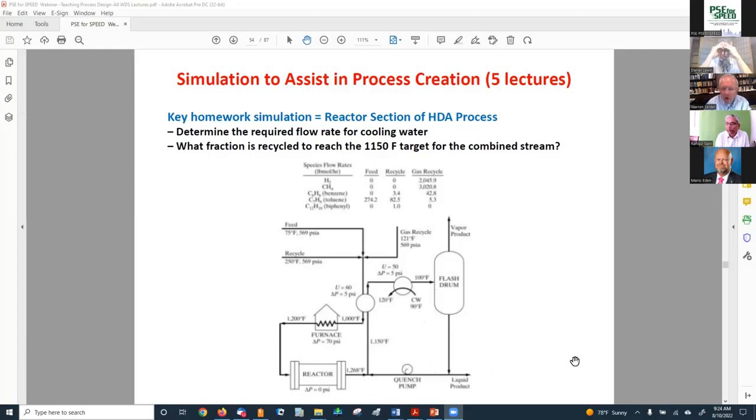This liquid goes to the liquid separation system, the distillation columns. Over here, you send back just the right amount to get the temperature down to 1150 degrees Fahrenheit. So that's a very nice kind of problem for them to learn how to use the design specs and do the recycle calculations that are necessary.